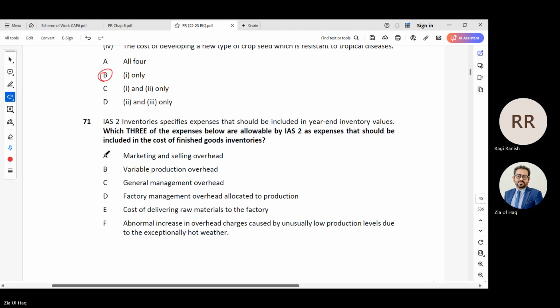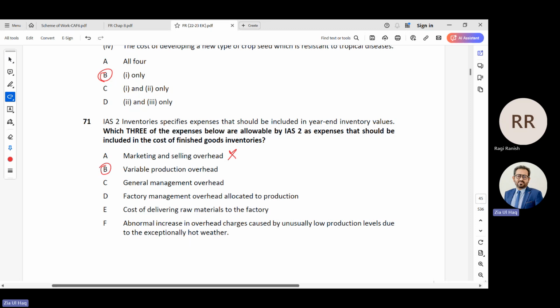71. Which should be part of cost of inventory? Marketing and selling overheads? No. Variable production overheads?